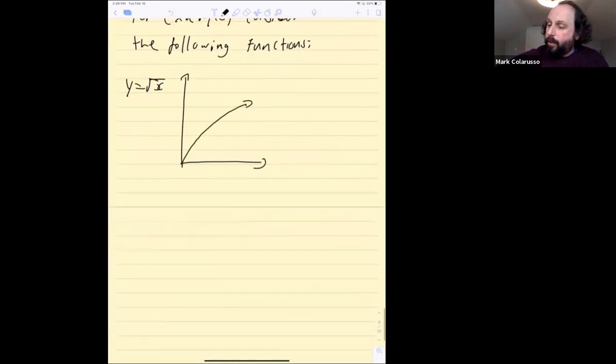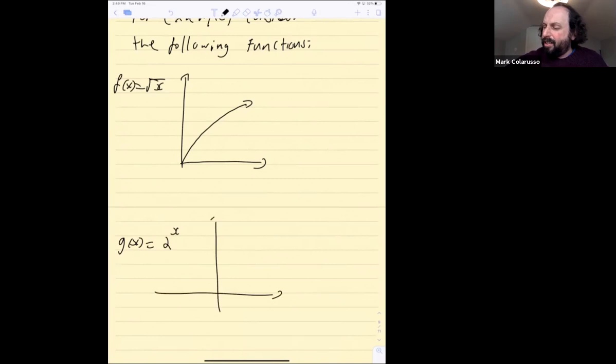The next one I'll give you will be g of x. This is something we'll see later, but it's like 2 to the x.